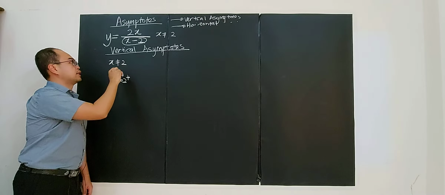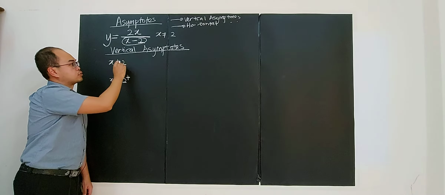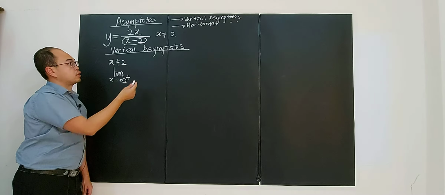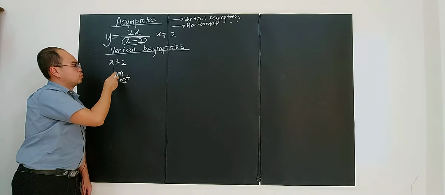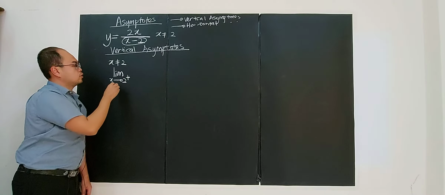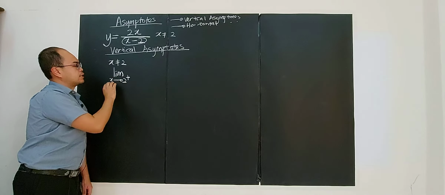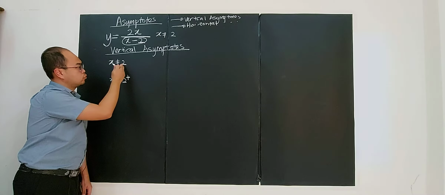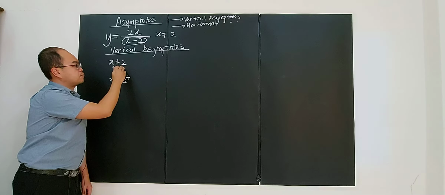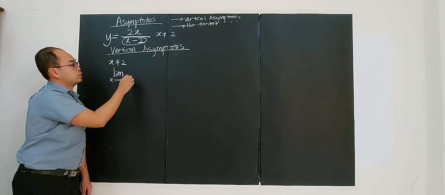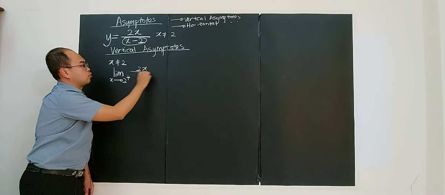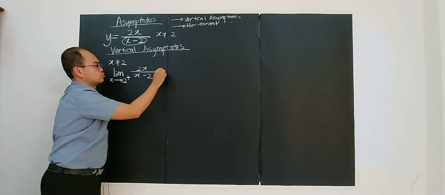So x equals 2 may be an asymptote. Because x minus 2 cannot be 0, x cannot be 2. So I have to evaluate the infinite limits for 2 from the right and 2 from the left, for 2x over x minus 2.